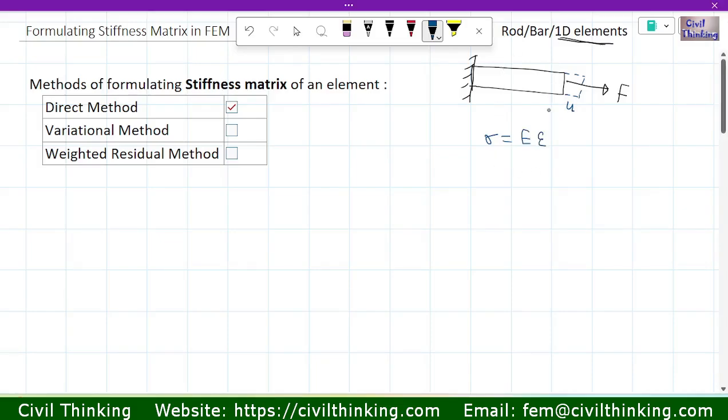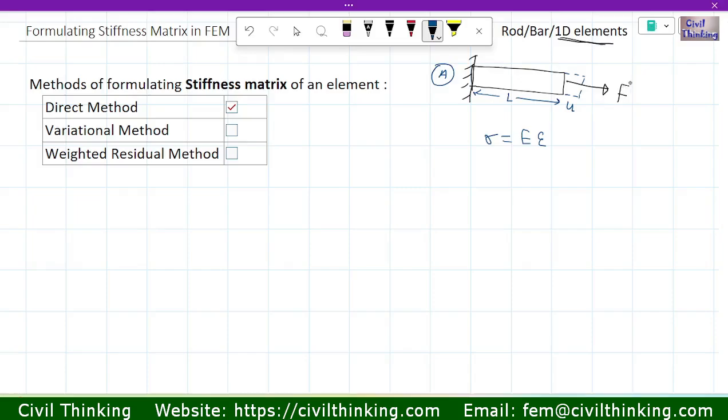Now let us assume this has a cross section, its area is A, and the length of this bar is L initially. The direct stress is sigma. We know the stress is force divided by cross section area.